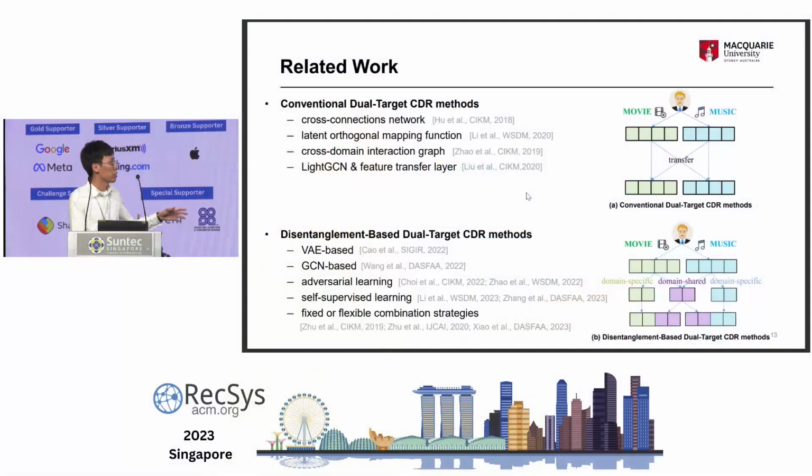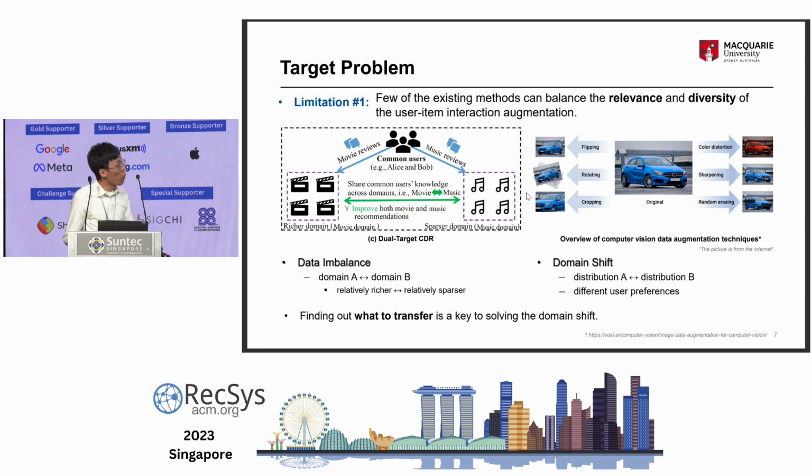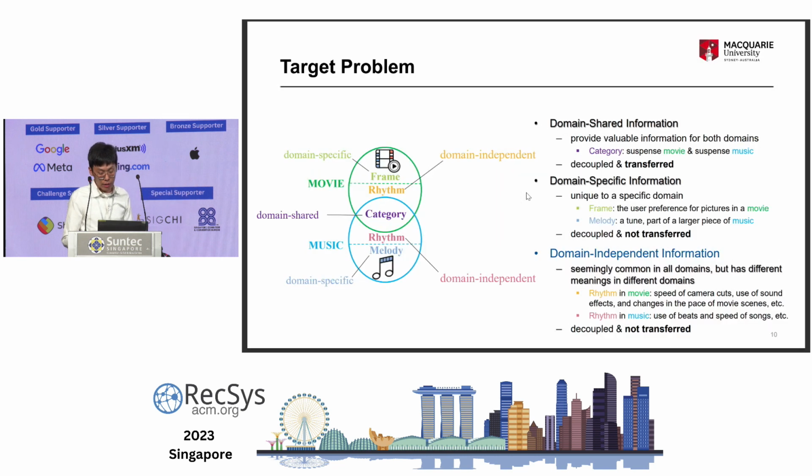They do not distinguish the different components in the user preferences, since they treat them as equally important. But the disentanglement-based dual-target CDR models make a step to decouple the domain-shared and domain-specific information and to find what we really want to transfer. That is a key point here.